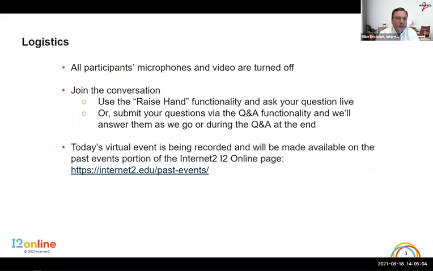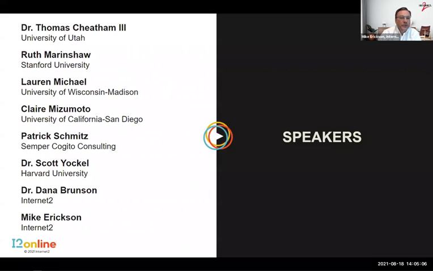So with that, I'd like to introduce the panelists that we have here with us today, these leaders of the Campus Research Computing Consortium and the research computing community. We have with us Dr. Thomas Cheatham III, Director of Research Computing and the Center for High Performance Computing at the University of Utah.